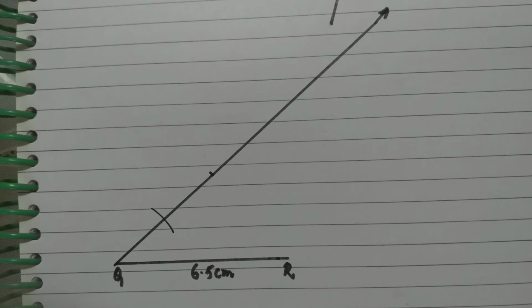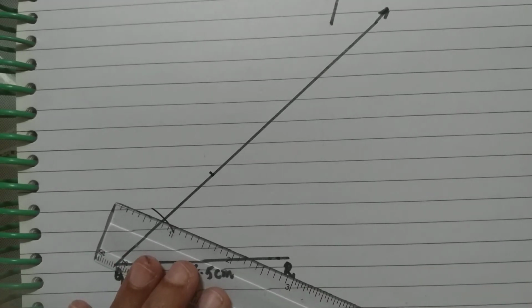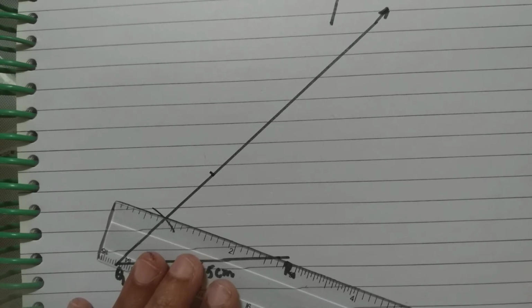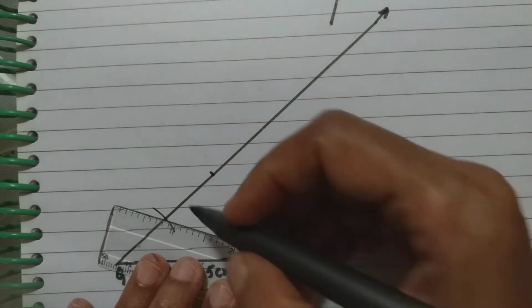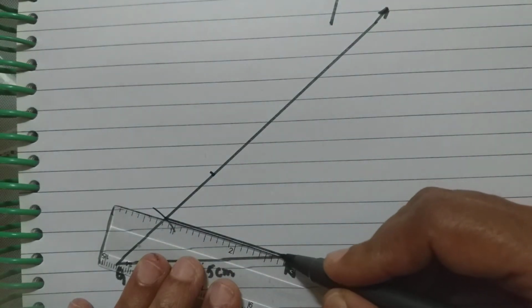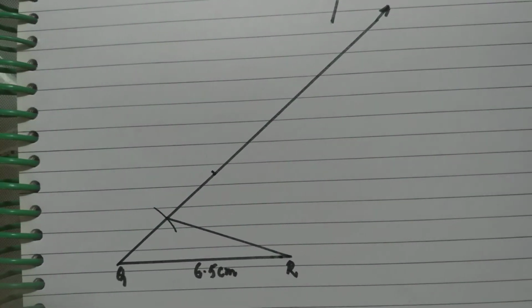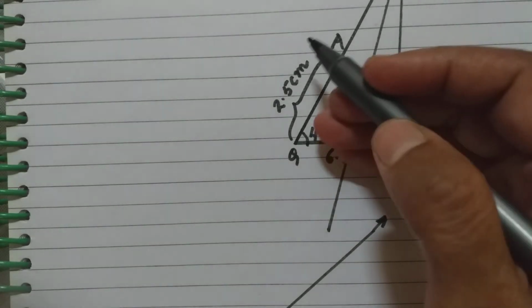Once I do that, then I take my scale and join this point where the arc cuts the ray to the point R. So I join this. And what did we say? We will mark that vertex as? We said we'll mark that vertex as A. So I mark it as A.